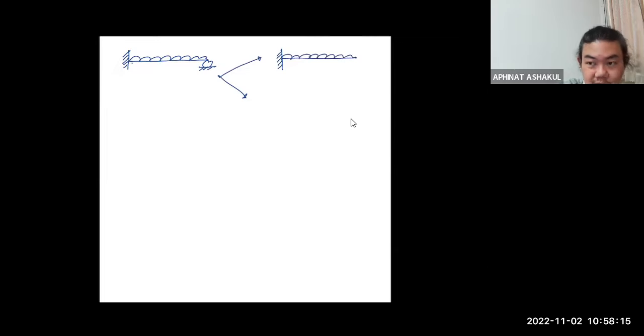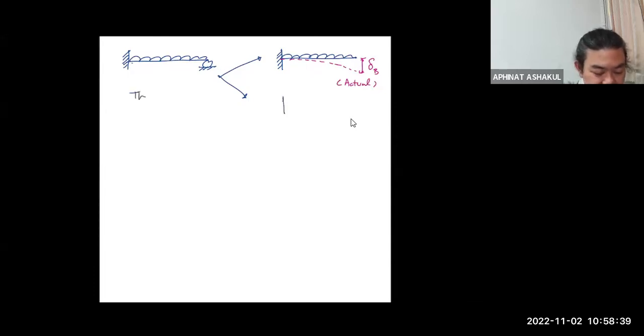In this case, the support has been removed, so we have the displacement. Let's call it delta big B. This is the actual displacement due to the load. But remember the fact that we have the support.